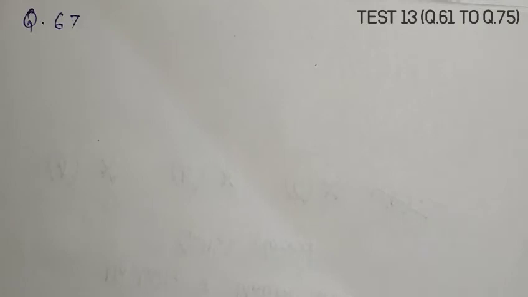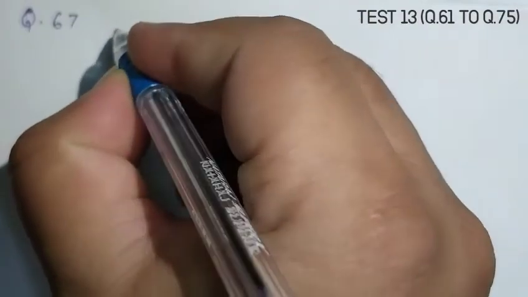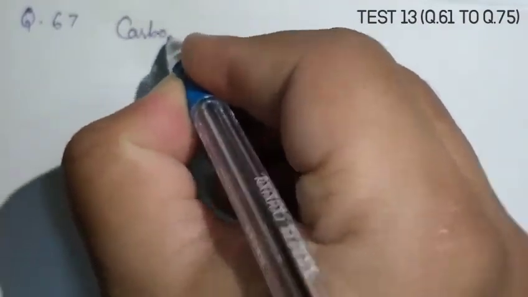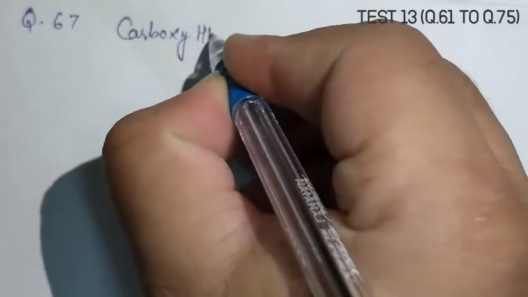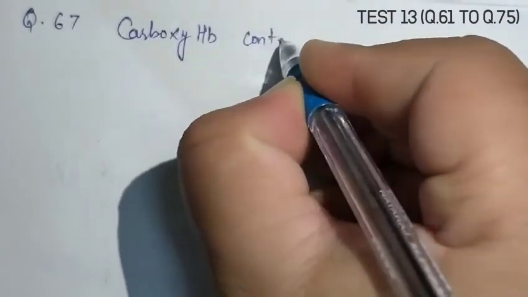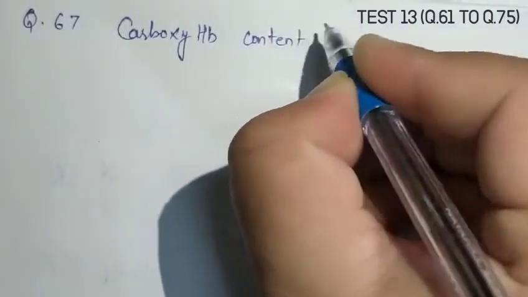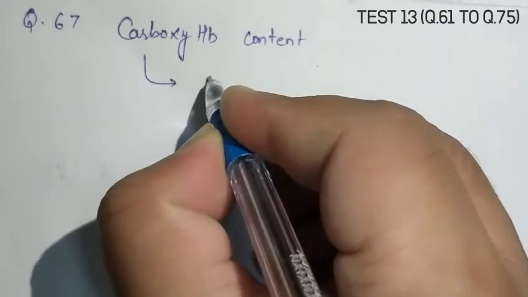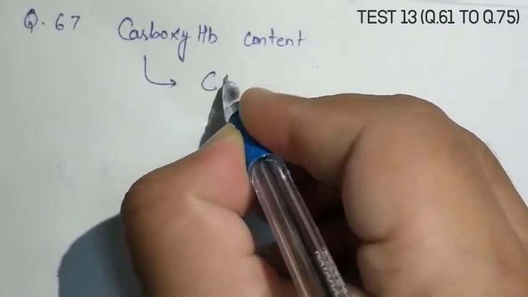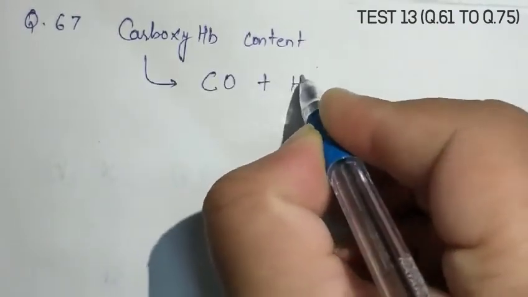Question number 67. Blood analysis of a patient reveals an unusual high quantity of carboxyhemoglobin content. Carboxyhemoglobin is formed by combination of carbon monoxide with hemoglobin.